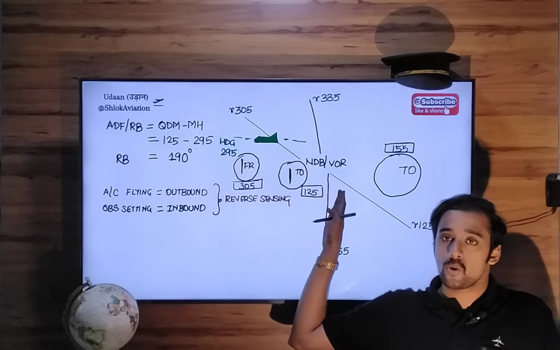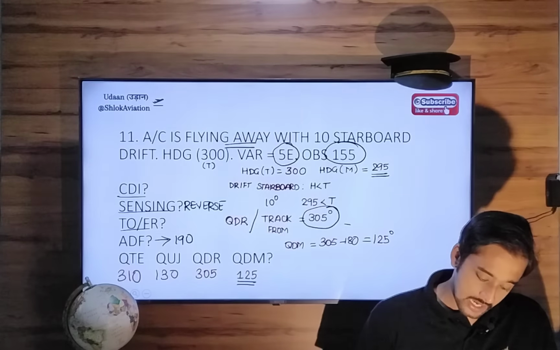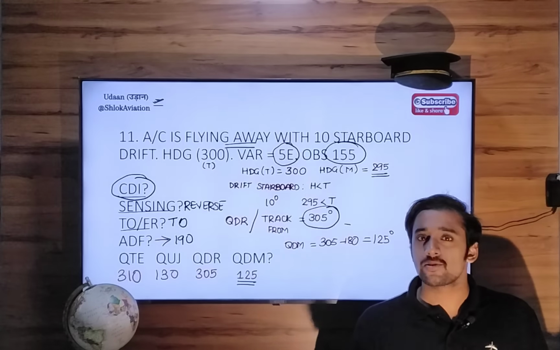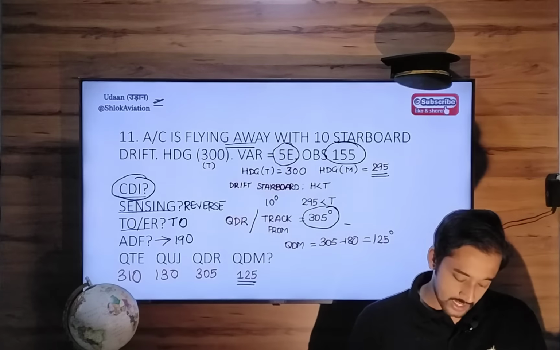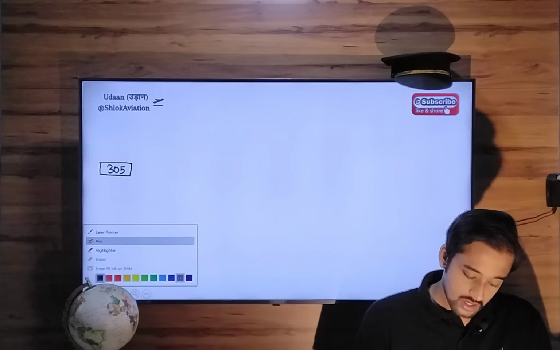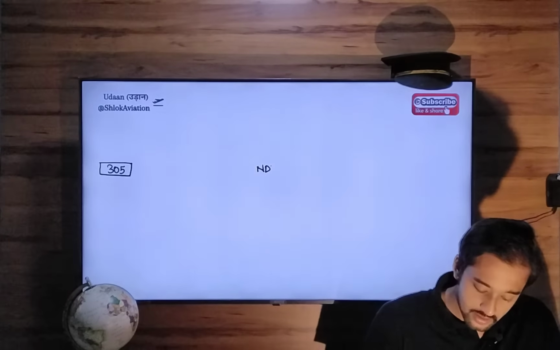So towards VOR. So you will get to indication over here. And now what will CDI show? Left, right, two dots left, two dots right. Let's see that. So over here, this is your NDB VOR.